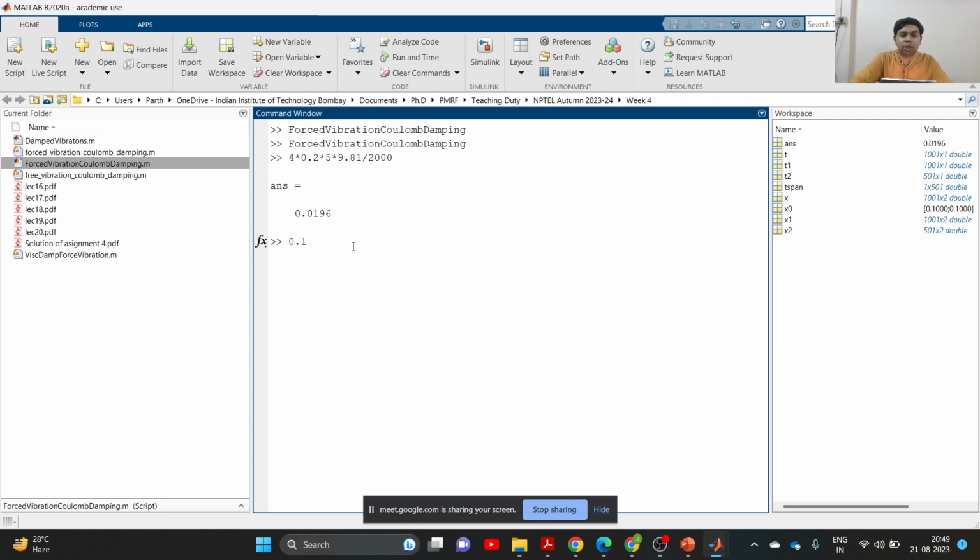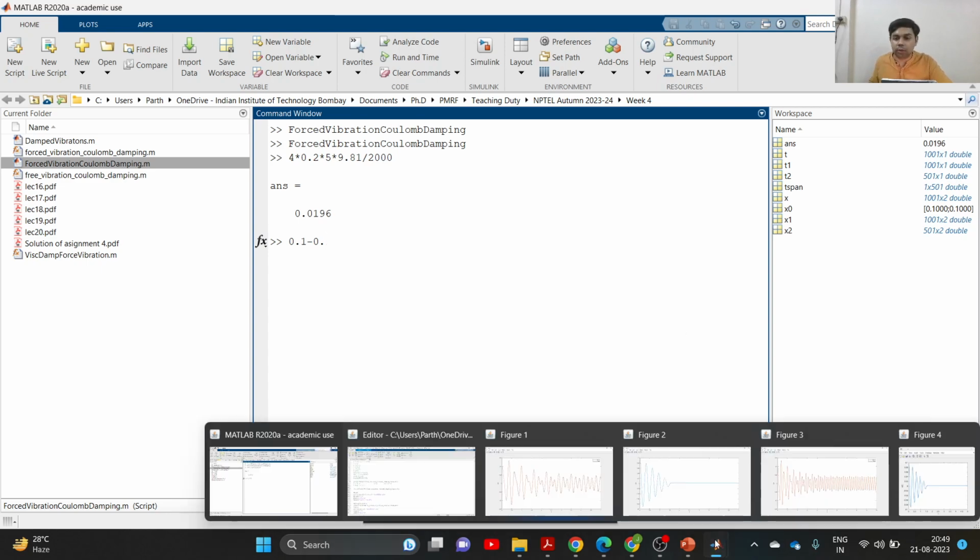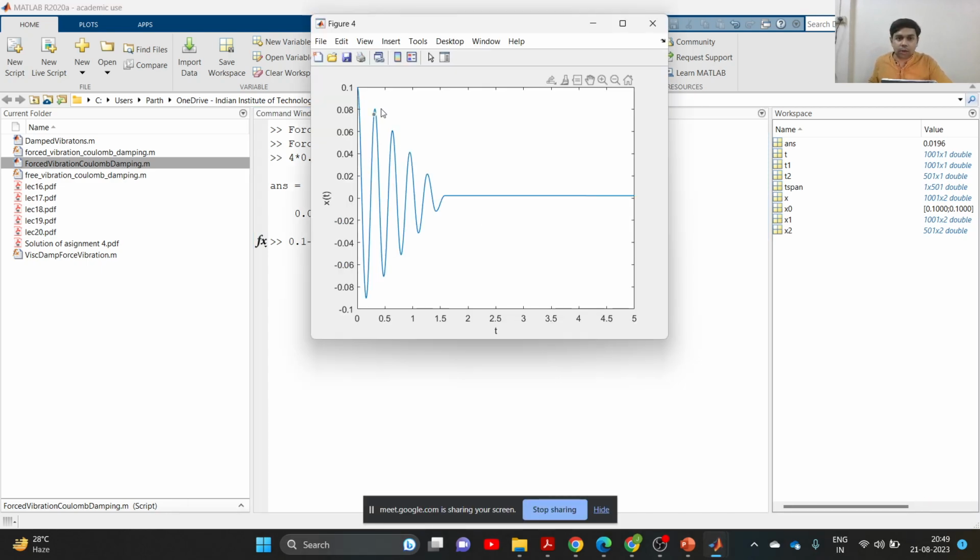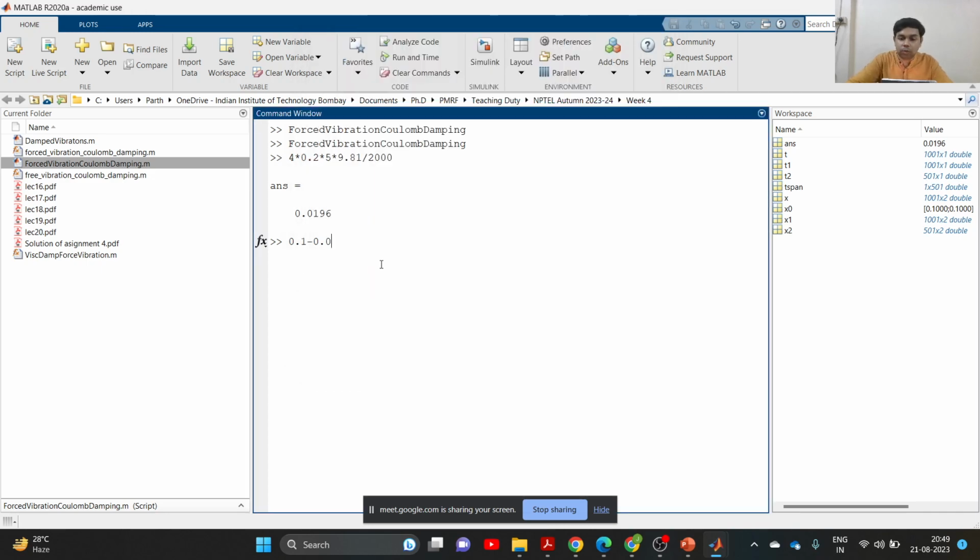So 4 mu N by k is 0.0196, and we saw that after one cycle the amplitude reduced by 0.07957, which is about 0.02. So both of them are quite close.